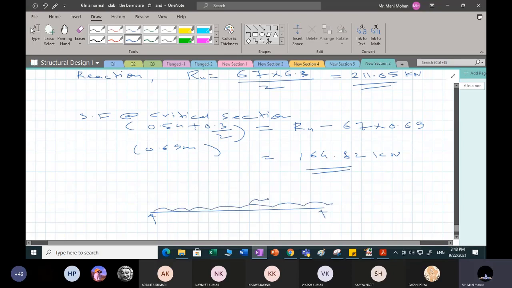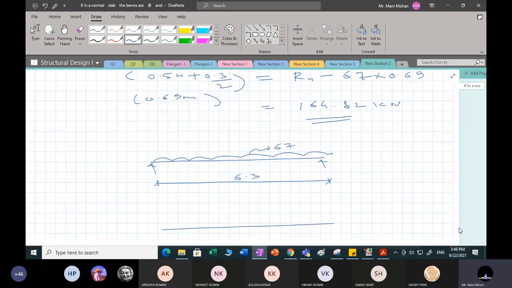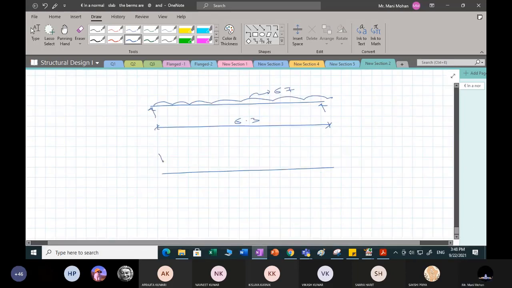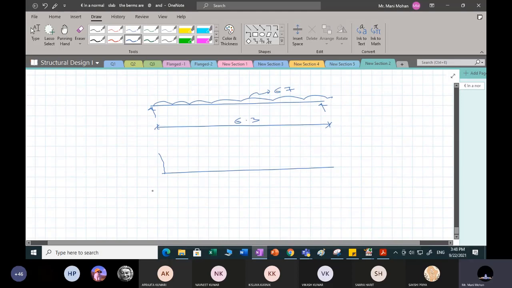So this is 67. Again, it is a center line drawing. This distance was 6.3, and I wanted to see how my shear force is actually varying. So at support, you have the reaction as the shear force. It will be 211.05. So I assume that you know how to make your shear force diagram.